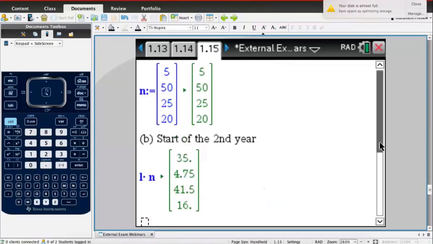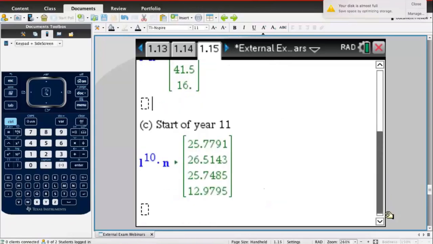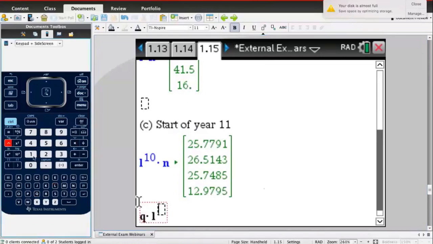So the last question, and this one was finding what the population was after 10 years or the beginning of the 11th year. So once again, it's just Q times L to the power of 10. So let's now just make sure you jump down.